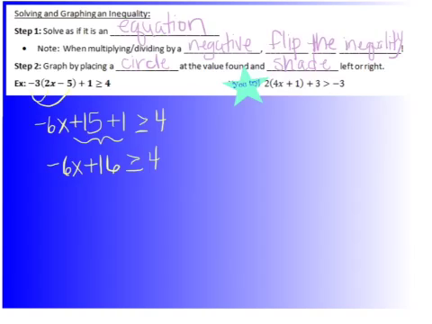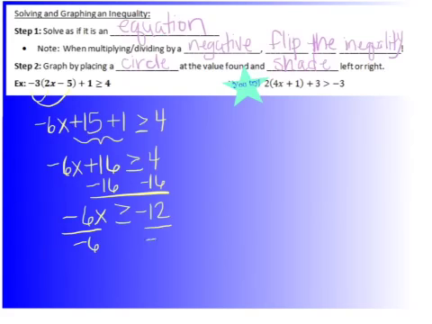Now I don't have any other like terms to combine, so I want to start to isolate my variable. So I'll first undo the addition, so I'm going to subtract 16 on both sides of my inequality. So I have negative 6x is greater than or equal to negative 12. And then to solve for x, I need to undo the multiplication by division. So I'm going to divide both sides by a negative 6.